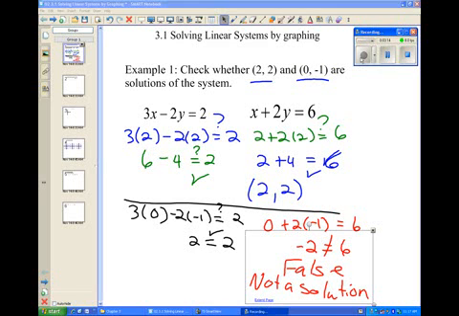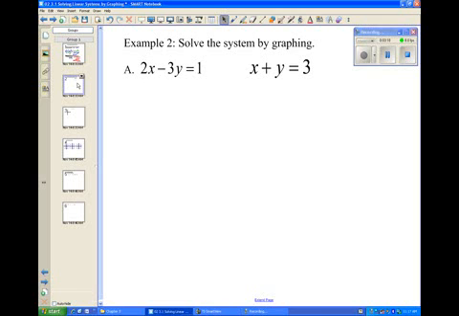So let's go on to our next example. In our next example, we're actually going to solve, and we're going to solve by graphing. What I want to do is graph both of these equations. I want to use my calculator, but to do this I first have to get it into y equals mx plus b slope-intercept form. So for letter A, I have to subtract 2x.